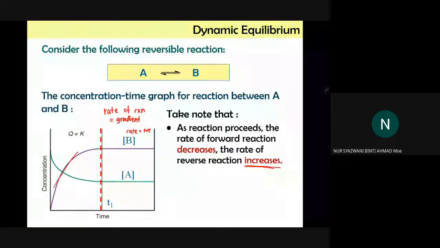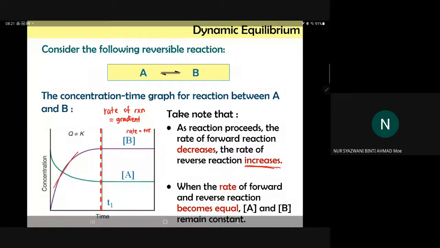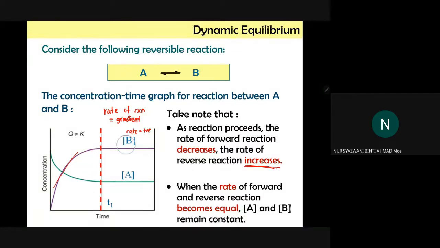Manakala yang ini pula, kalau kita tengok rate dia, gradient rate equals to negative value.